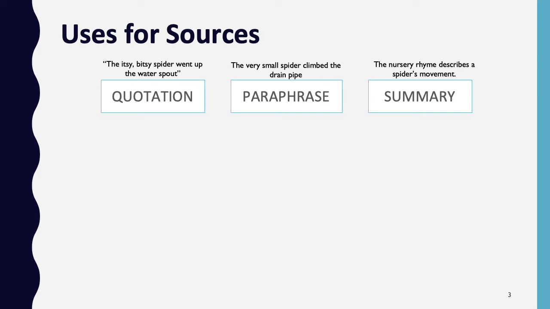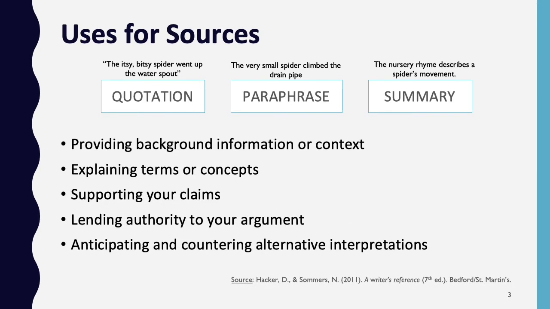Why do we use sources? Sources serve many purposes. For example, providing background information or context, explaining terms or concepts, supporting your claims, lending authority to your argument, and anticipating and countering alternative interpretations.